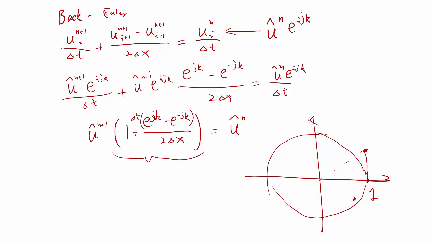So we can do this for any combination of spatial and temporal schemes. And one of the things we always find is that in combination with an explicit scheme, in order for me to have stability, I must satisfy the CFL condition.